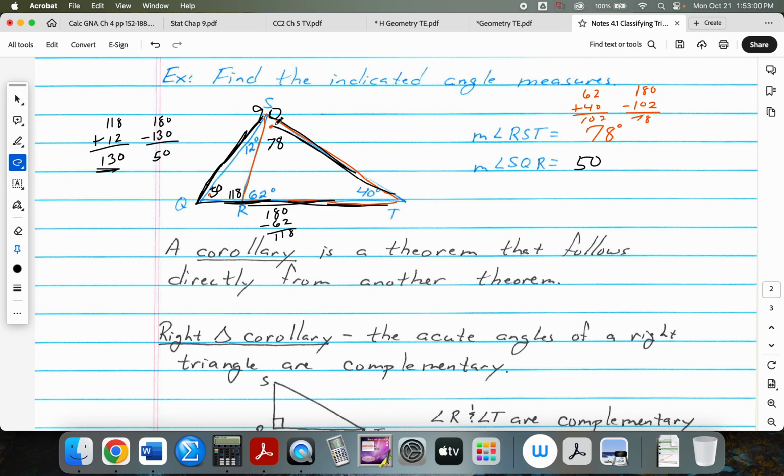In this triangle, angle Q is 50, angle T is 40, and angle S is 90. So what kind of a triangle is it? It's a right triangle. It's got a 90-degree angle.